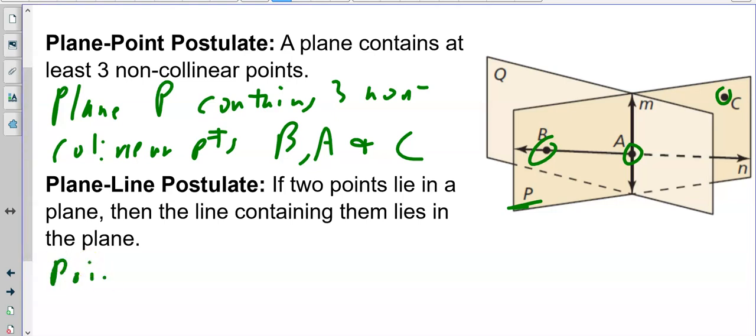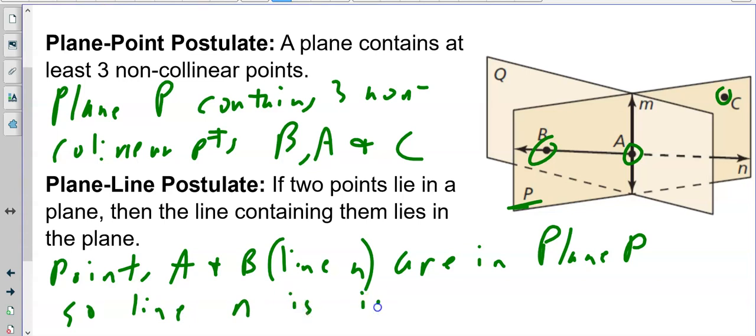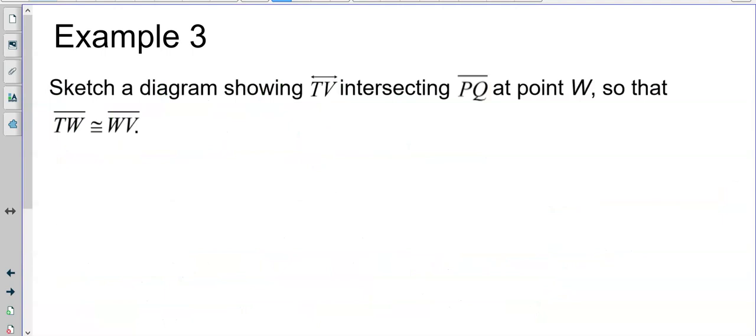Points A and B, also known as line N, are in plane P. So line N is in plane P. So since the points are there, the line is there. Again, kind of common sense.